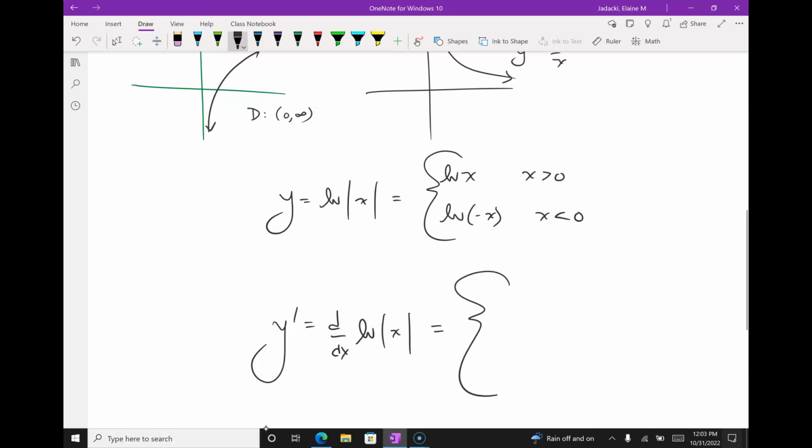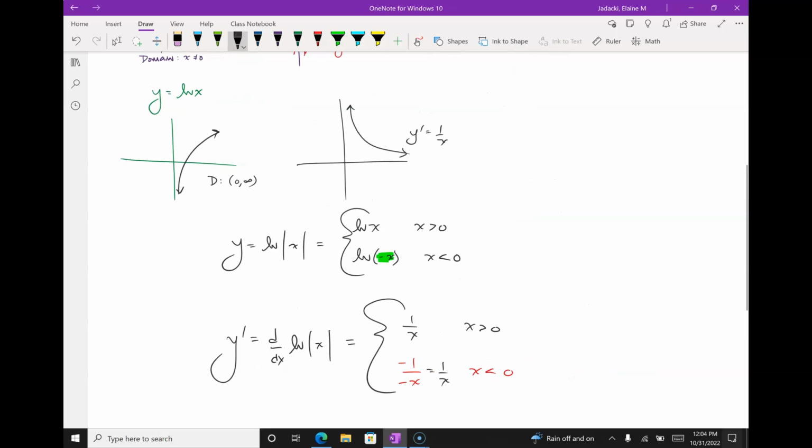So what happens to the first function? Well, it's the derivative of the inside over the inside, so 1 over x, right? And then the derivative of this one on the inside is a negative 1, but over negative x. And you see that it just becomes 1 over x again, right?